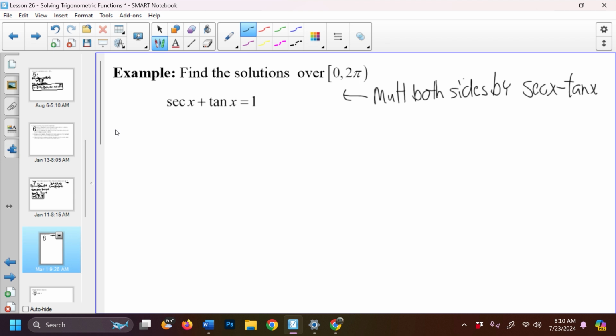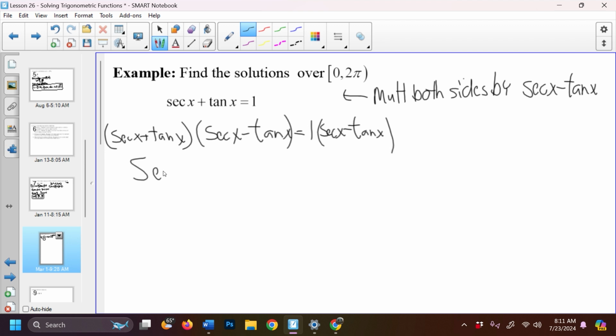And so if I go secant x plus tangent x times secant x minus tangent x equals to 1 times secant x minus tangent x, I will get secant squared x minus tangent squared x is equal to secant x minus tangent x. And I can do that substitution. This becomes 1 equals secant x minus tangent x.